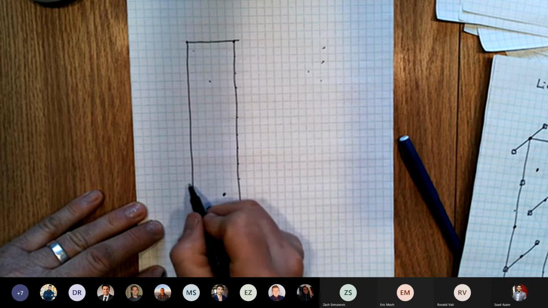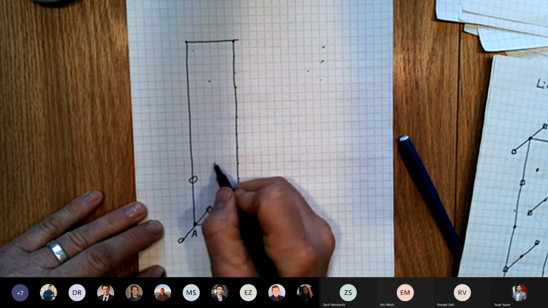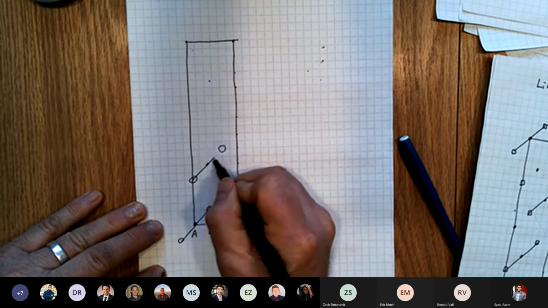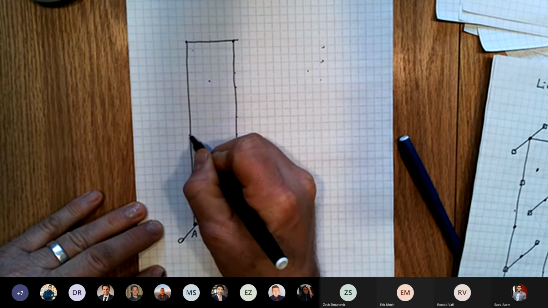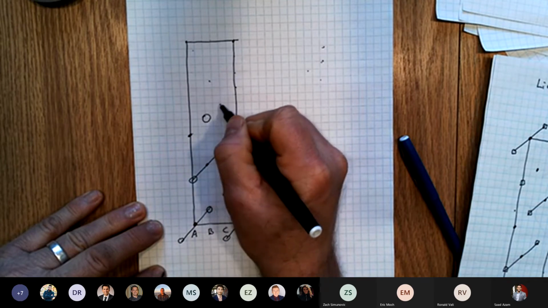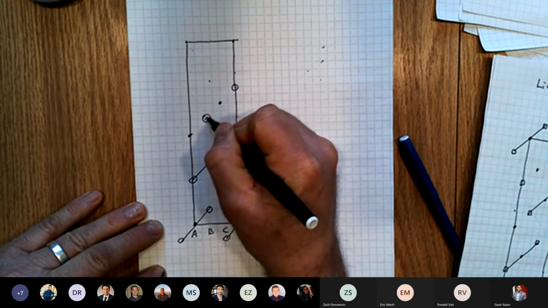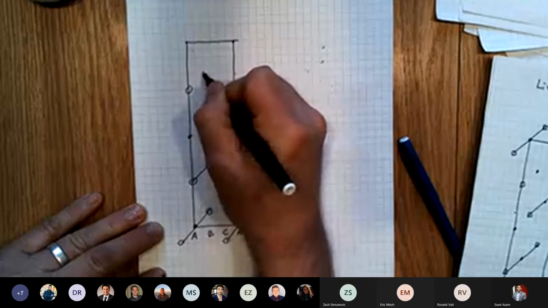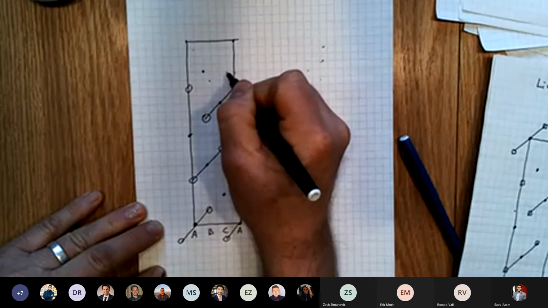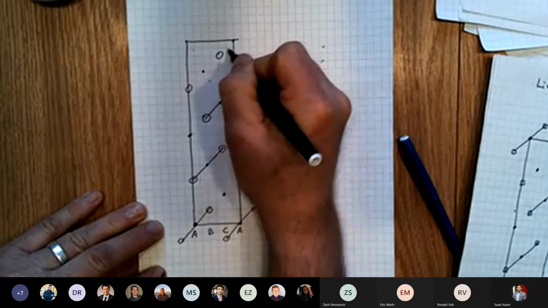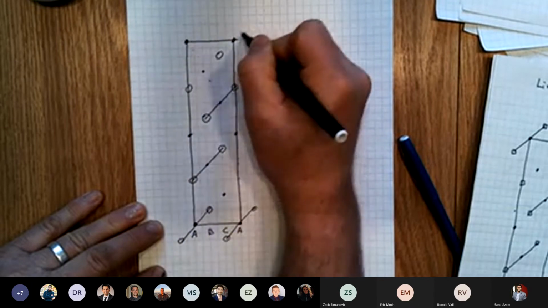And then we go back, oxygen on A, cobalt on B, oxygen on C. That means lithium will be on A, oxygen on B, cobalt on C, oxygen on A, lithium on B, and then oxygen on C, cobalt back on A again.